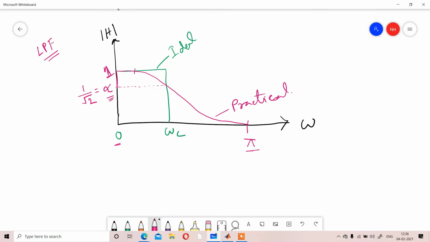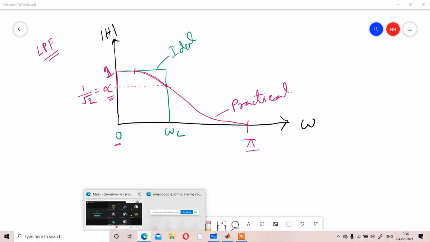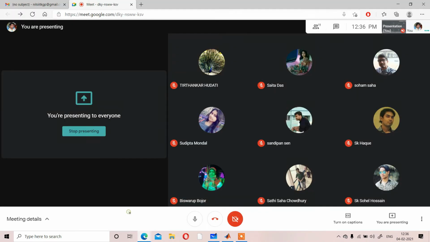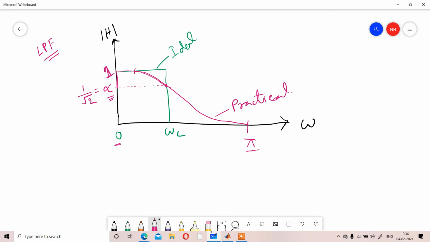Where the filter response cuts the cutoff frequency, the magnitude value there is defined as alpha, and the value of alpha is 1 by root 2.